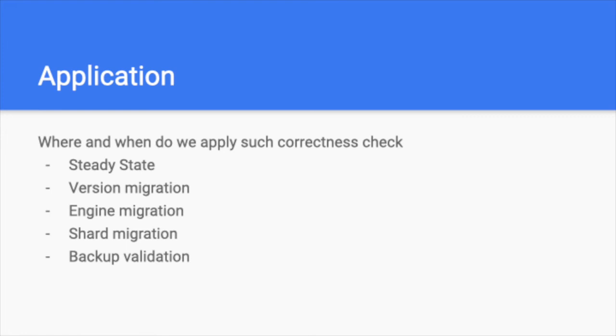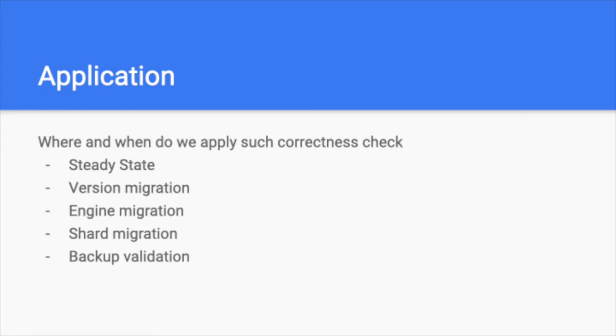Sometimes we'll move the logical shard around to a different replica set. All these can be checked in the same way using that mechanism. Also, with the checksum being recorded somewhere, we'll be able to verify the consistency of a logical backup.